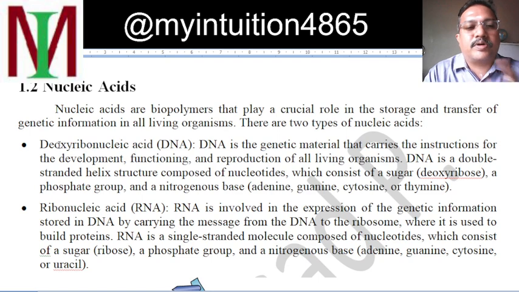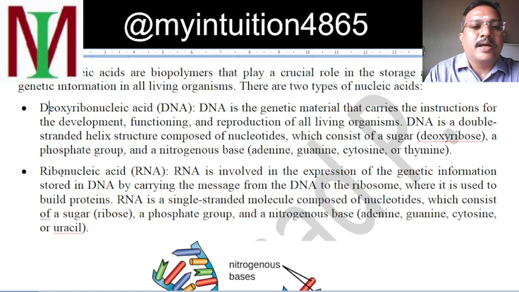When I spoke about genes, I said something about that. Deoxyribonucleic acid, DNA, as well as ribonucleic acid, RNA. These are the two different types of nucleic acid that we already studied. DNA, because the D represents deoxyribose, consists of a deoxyribose molecule, phosphate groups, and nitrogen bases like adenine, guanine, cytosine, and thymine.